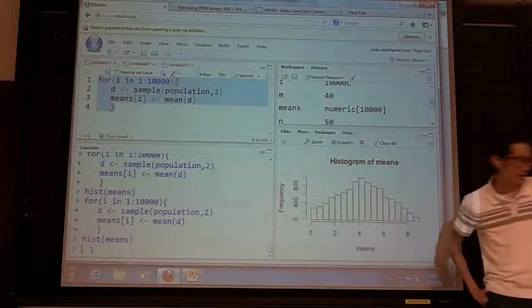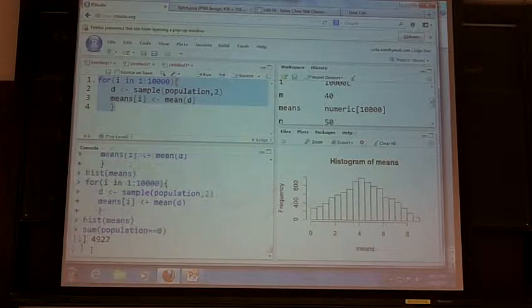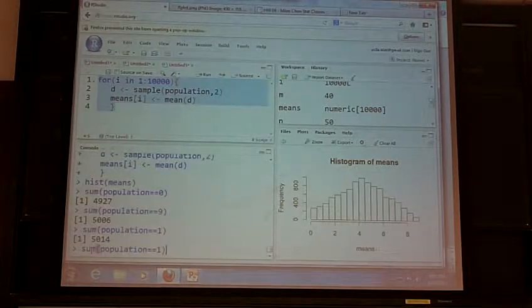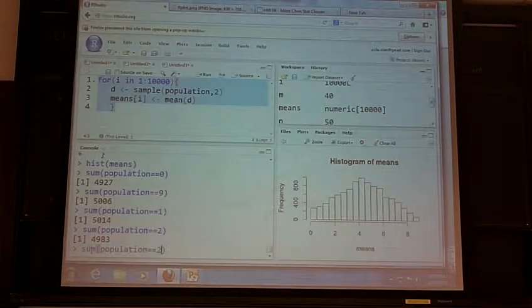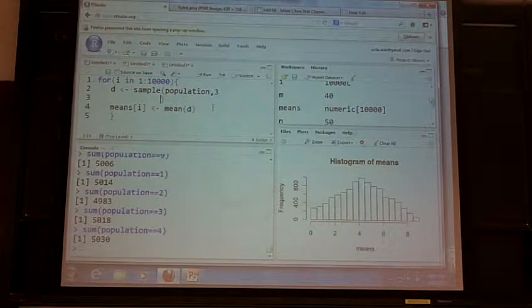Let's look at our population and ask how many in our population are equal to 0 versus 9 versus 1. They all look about the same number in each of these. So I don't know what's going on there. But whatever, that's when we did samples of size 2.